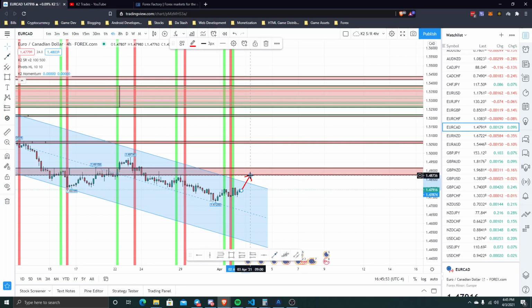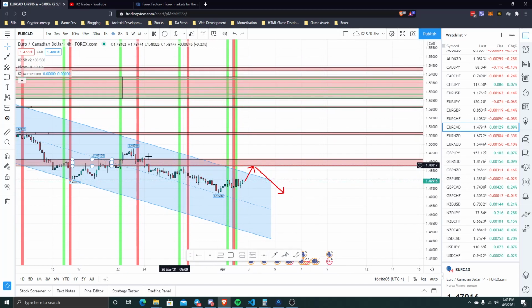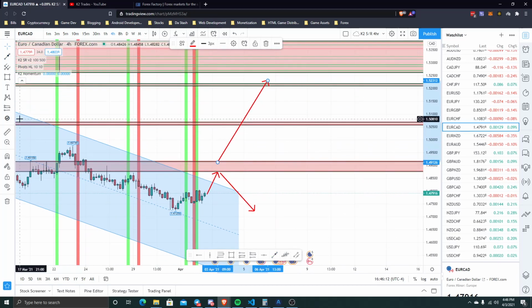Now it may do one of two things. It may touch this zone right here and then continue to the downside like it was already doing, or it might just reverse on us and continue to go up. Let's see here.